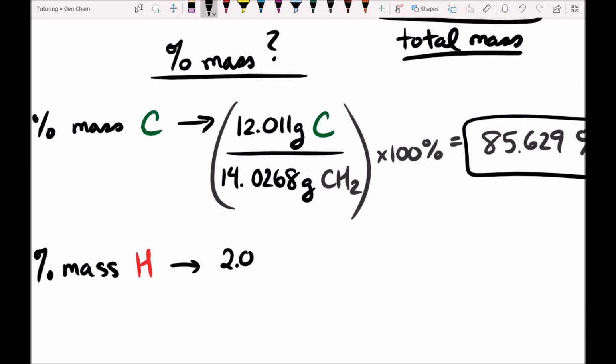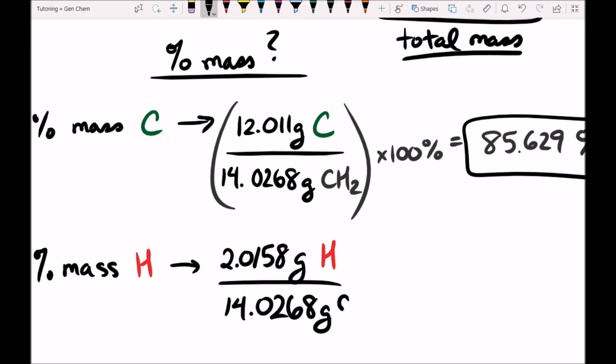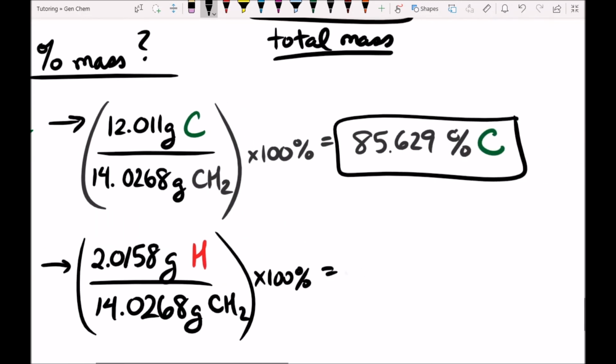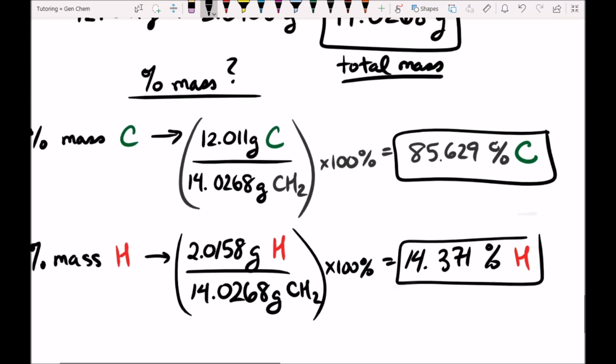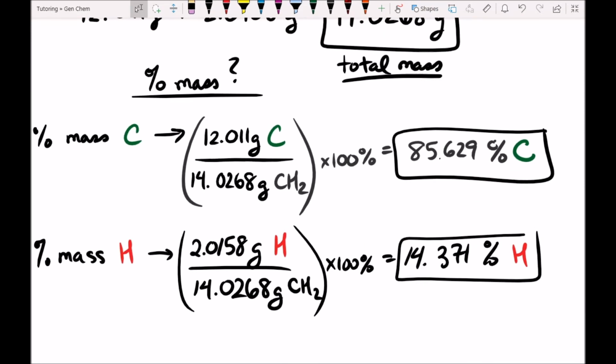We know that there's 2.0158 grams of hydrogen atoms, and the total mass is 14.0268 grams of CH2. Multiply that by 100% to get a percentage, and we get 14.371% hydrogen atoms. And so these are the percent mass of carbon and percent mass of hydrogen within CH2.